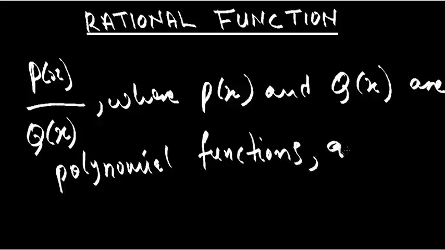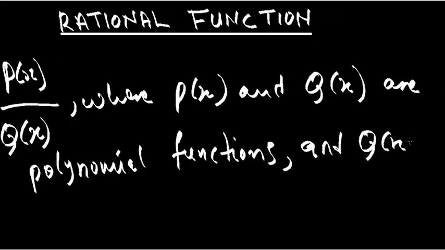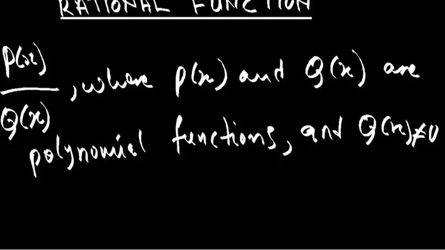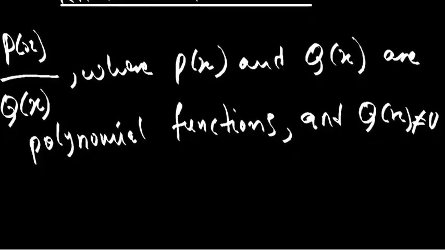And q of x is not equal to 0. So when we say a rational function, it is simply a function of the form p of x over q of x, where p of x and q of x are polynomial functions.